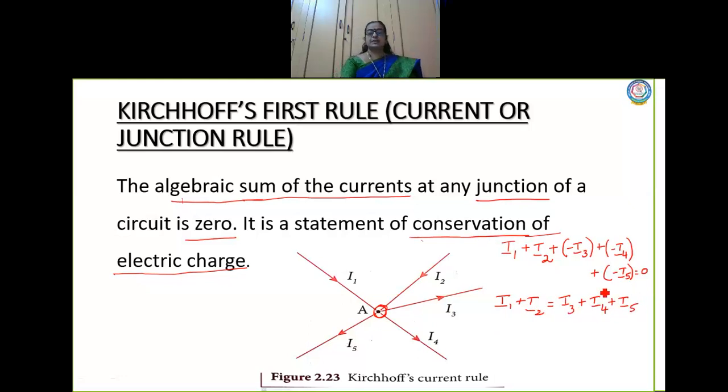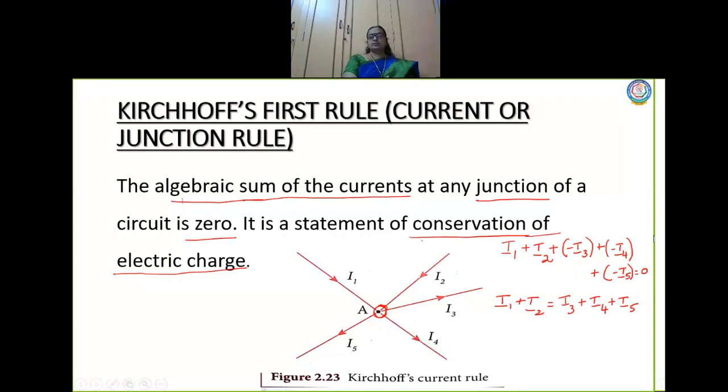This is with respect to the law of conservation of charges. Charges are not created; they already exist, but what happens here is that the charges get transferred. That is called conservation of electric charges. So the sum of the charges entering the junction is equal to the sum of the charges leaving the junction, which is in accordance with the conservation of electric charge.